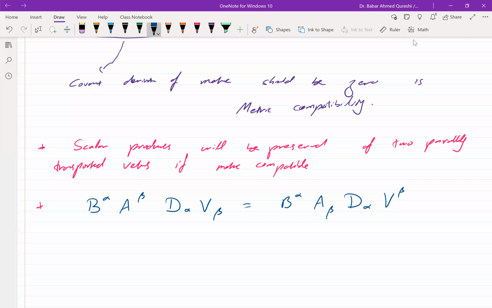That metric just goes freely in and out of the derivative because in the Leibniz rule, it's just a constant.